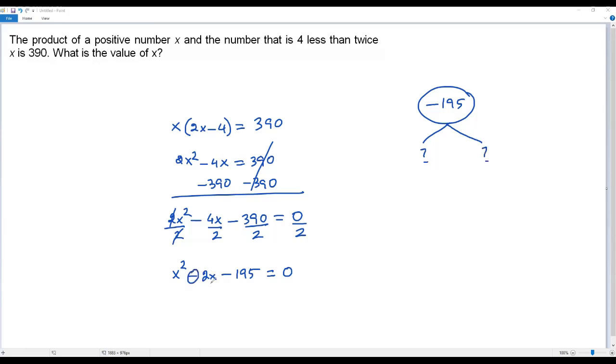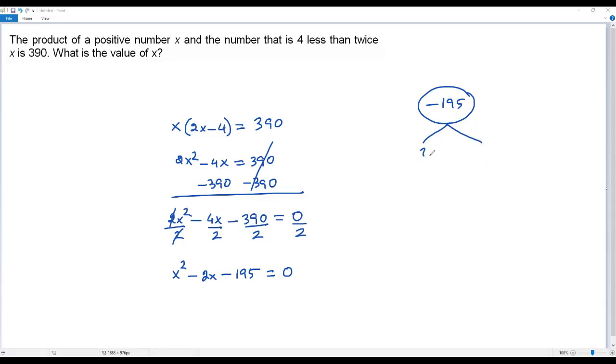So don't worry about the negative sign, we can discuss that later. Whenever the number over here is negative, the factors must have a difference equal to the coefficient. So we have to get two factors. Also, the digit in the ones place here is 5. So we take two one-digit numbers whose product ends with 5.